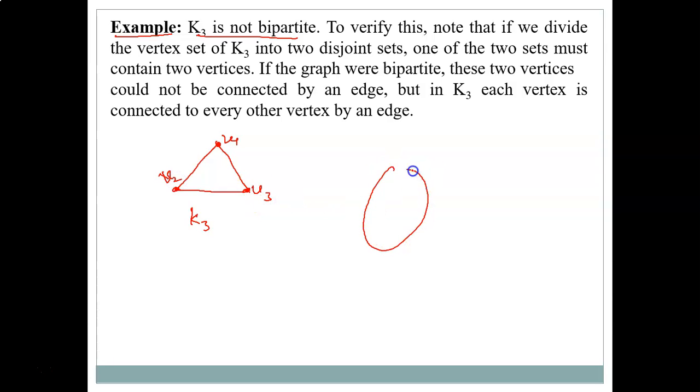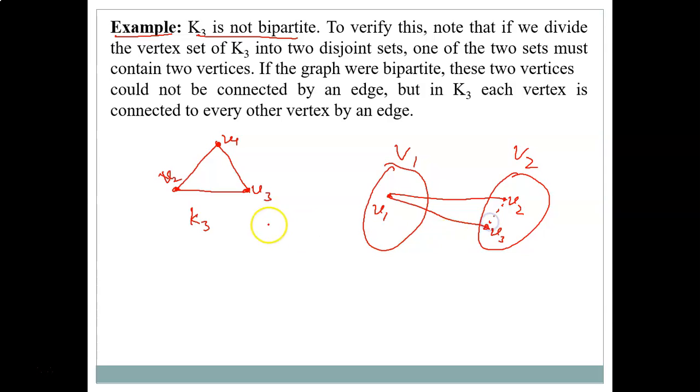Of course, if you want to partition it in two sets V1 and V2, then you can see if you keep V1 here and V2 and V3 here, because V1 has connection with V2 and V3, so I can write like this. Now you know V2 has its connection with V1 as well as with V3, but V1 V2 has connection, it's okay, but once you connect V2 with V3, so that violates the definition of a bipartite graph. So therefore a K3 can never be a bipartite graph.